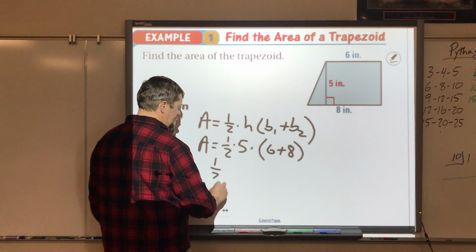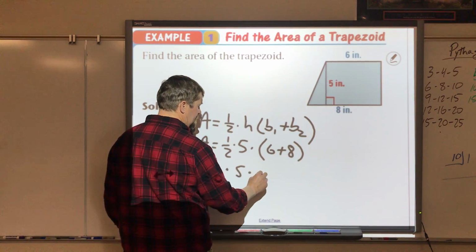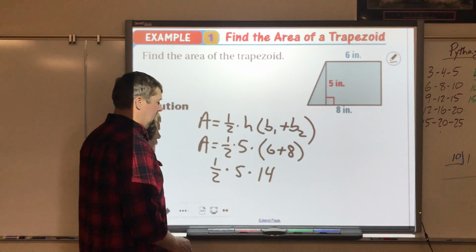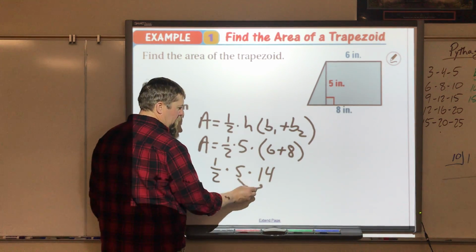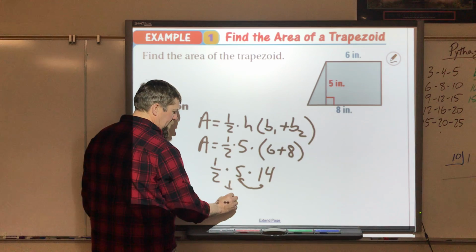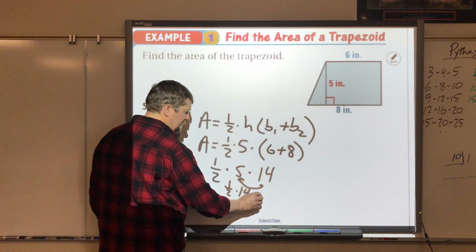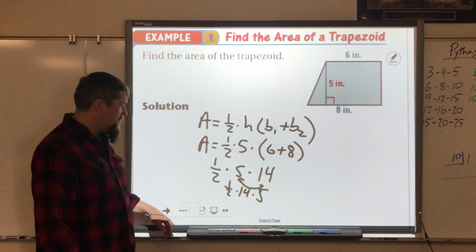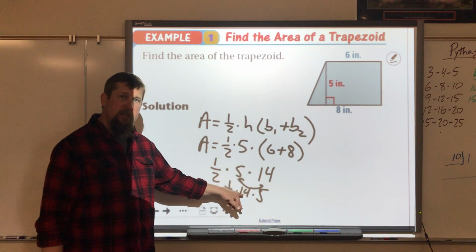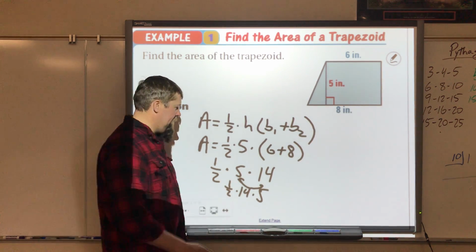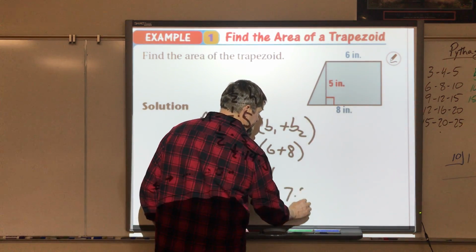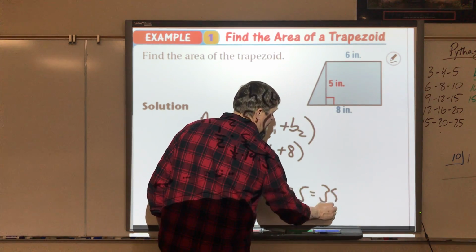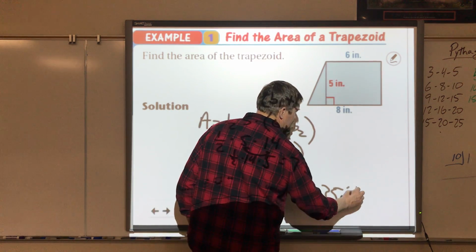So I have 1/2 times 5 times 14. Now I can switch these if I want. So I end up with 1/2 times 14 times 5. The reason I like to do that is because I can take 1/2 of 14 first and get 7. So that's 7 times 5, which is 35. And of course, inches squared.